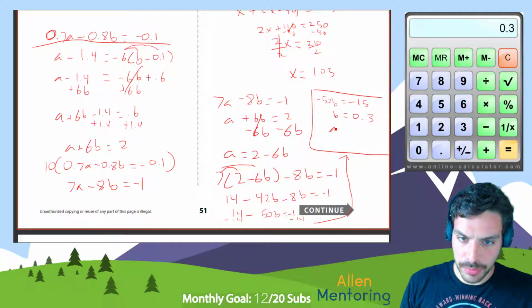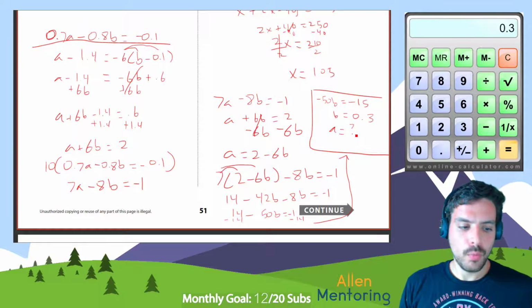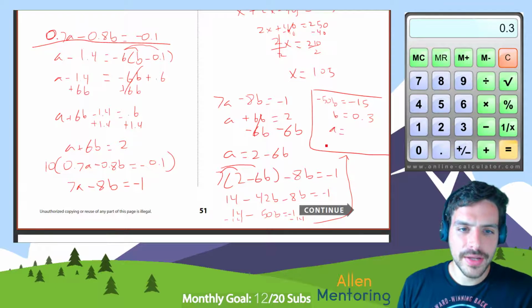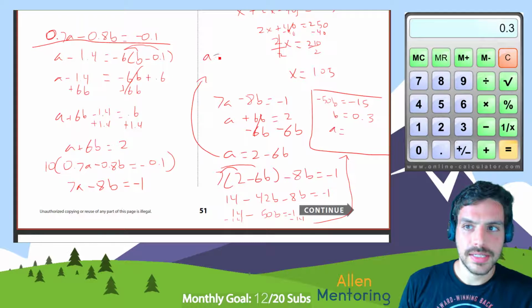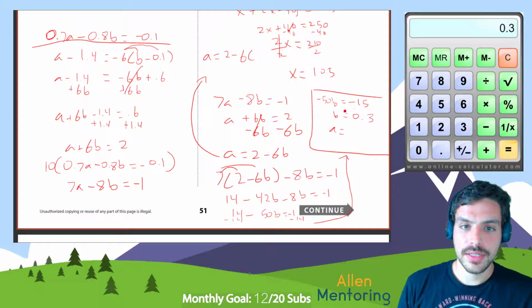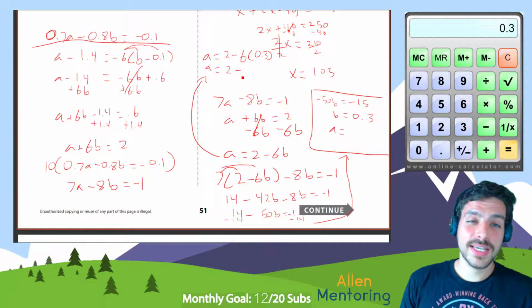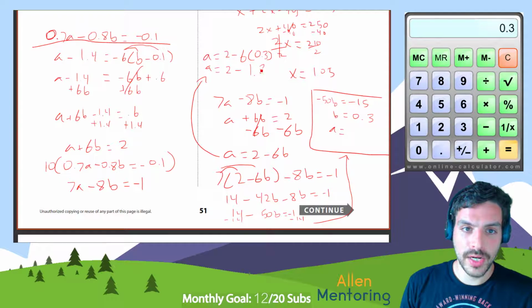What is a equal to, right? Big question. What is a equal to? Well, if we know what b is, we can just plug in b, 0.3 for b and solve for a. So in this case, a is equal to 2 minus 6 times 0.3, right, because 0.3 is b. a is equal to 2 minus, I believe 6 times 0.3 is 1.8.